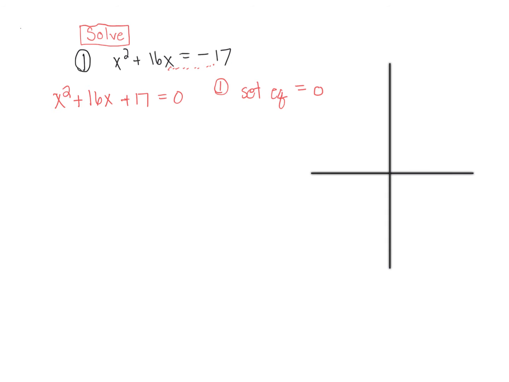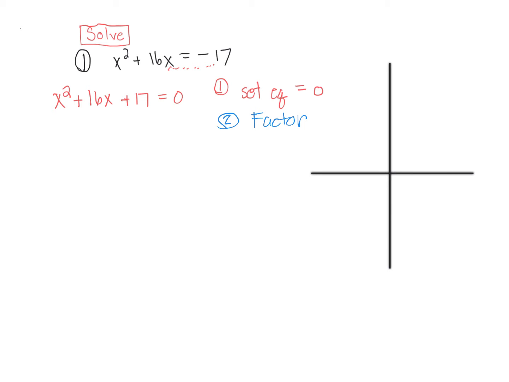The other thing I want to do when I set equal to 0 is make sure that this is in standard form, or descending order, so that we have the x squared term and then the x to the first term and then the constant term equal to 0. Okay. Now, the next thing that we're going to do is factor.